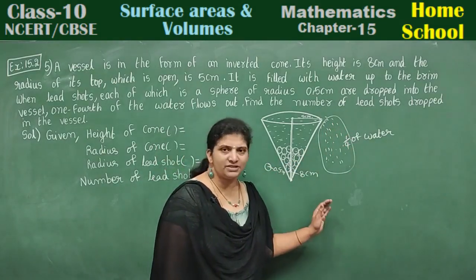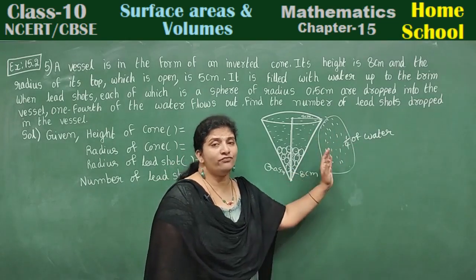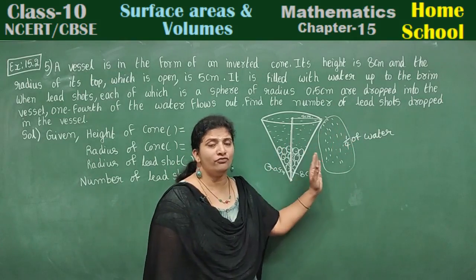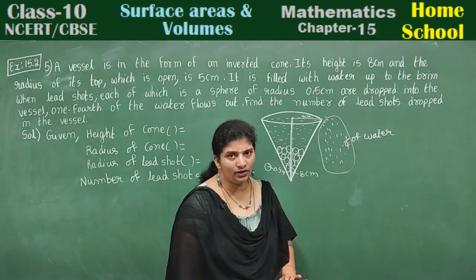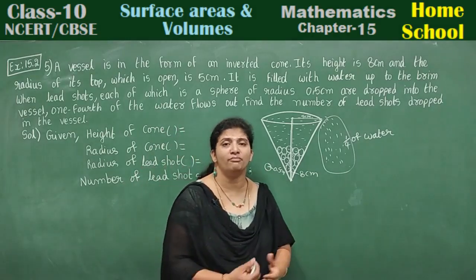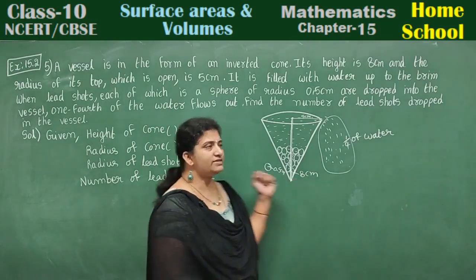How to complete this problem? The water which came out, how much water? 1/4 of the volume of the cone. 1/4 of the volume of the cone divided by the volume of one lead shot will give you the number of lead shots thrown in the cone. Okay, let's start our problem.